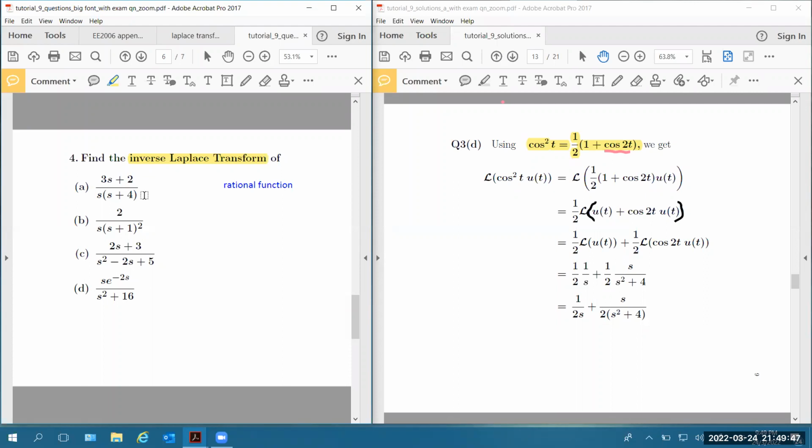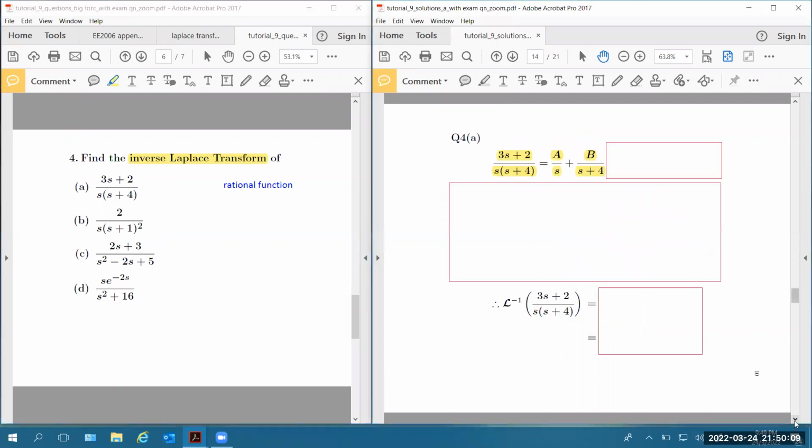Can the denominator be factorized? They already factorized it for you: s times (s plus 4) is already factorized. So very nice, let's go and do partial fraction.